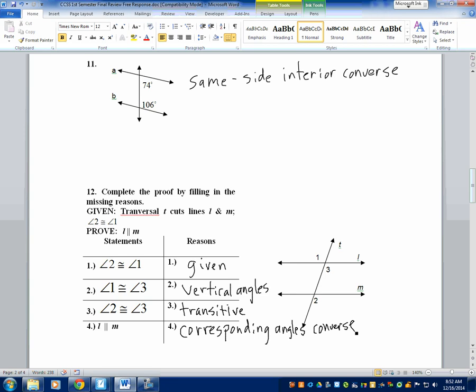If the corresponding angles are congruent, then the lines are parallel. The other direction would be, if the lines are parallel, then the corresponding angles are congruent. So don't confuse those. It's one of the things I'm testing you on the performance test.